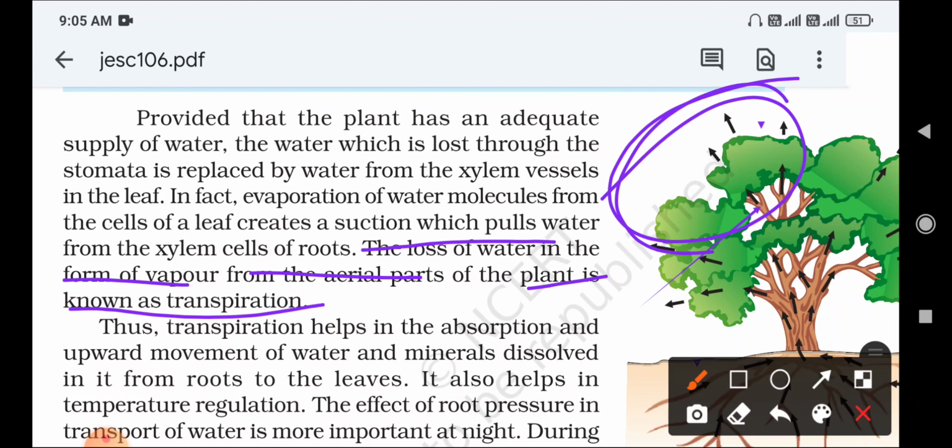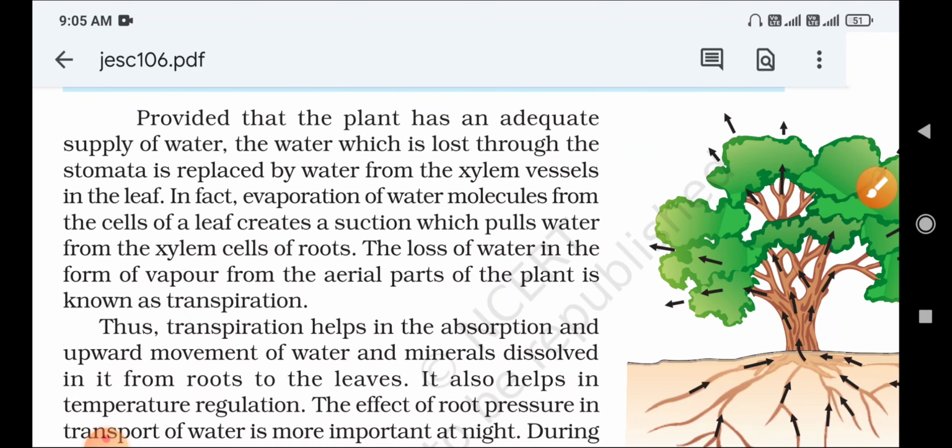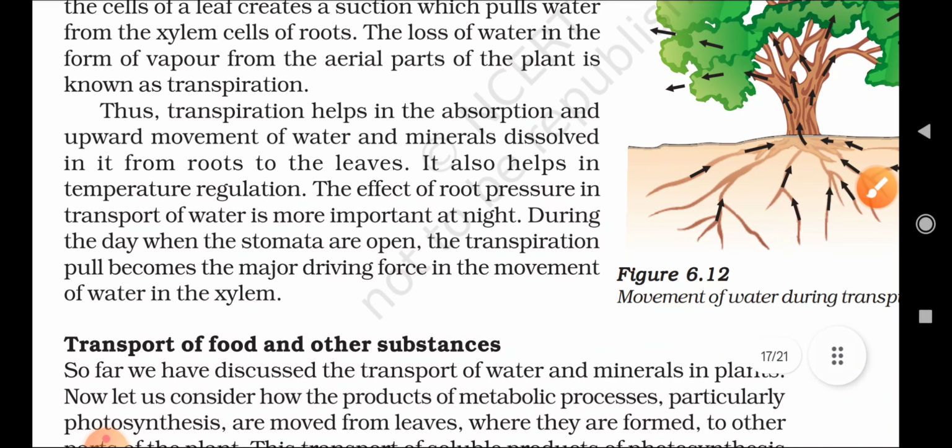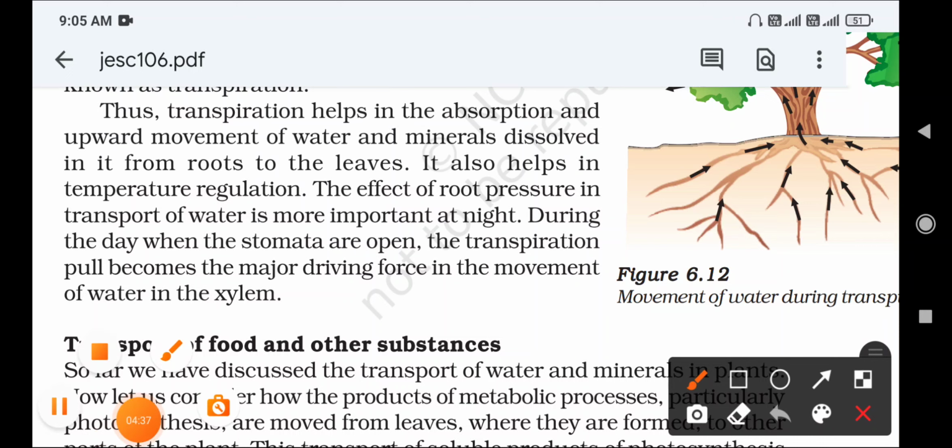This is the simple definition. By this simple method, plants transfer water molecules in the form of vapor. Excess water is passed to the environment with the help of the transpiration process in the plants. It is very important, and one more question asked in the exam.